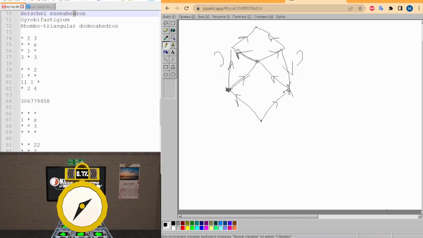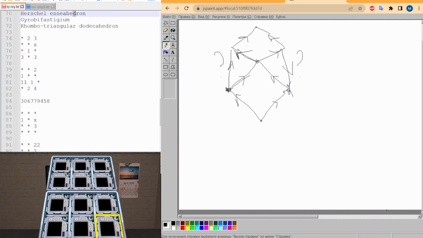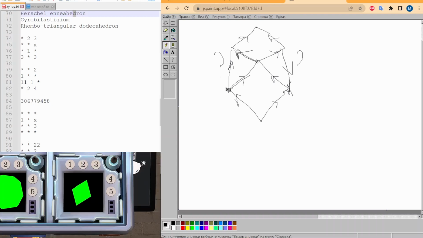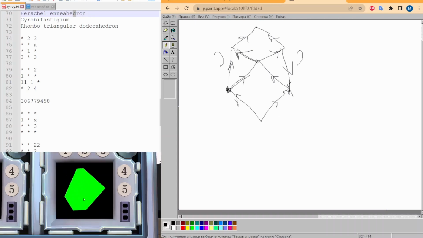And we need to slow this down a lot. So we're going to look at this vertex. It goes two ways, down here and here.